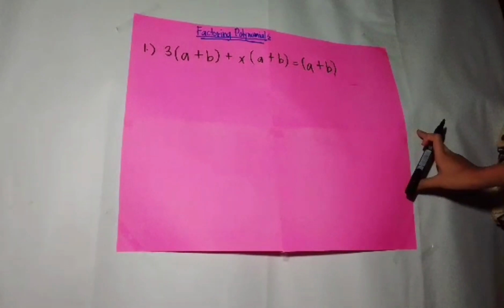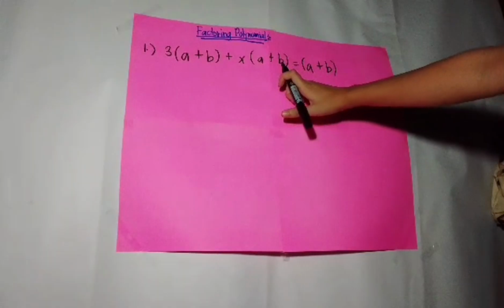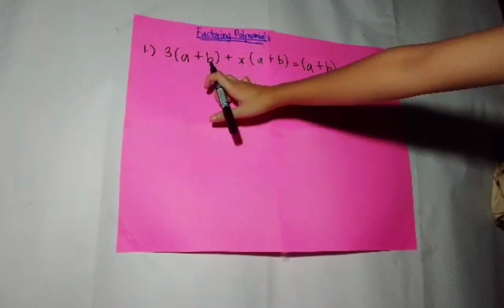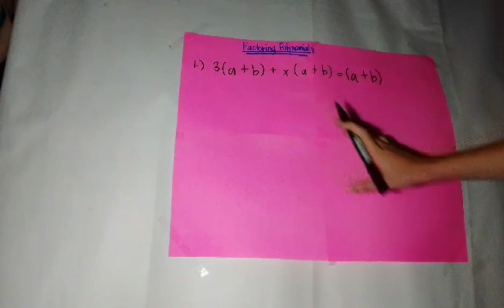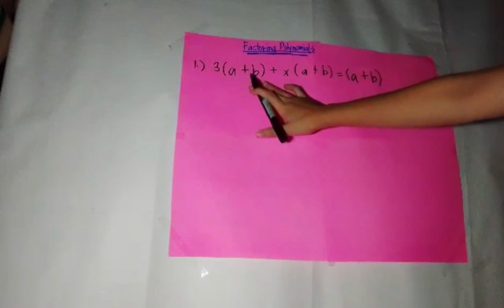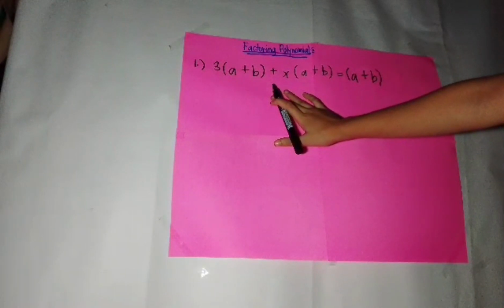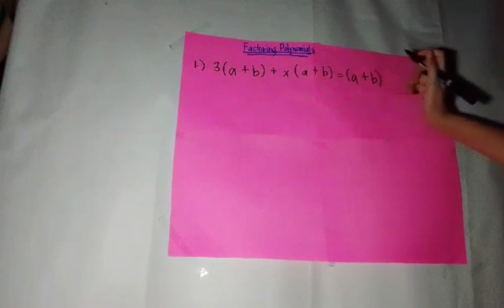So if we take a plus b here and then a plus b here, we'll be left in the first term with 3.